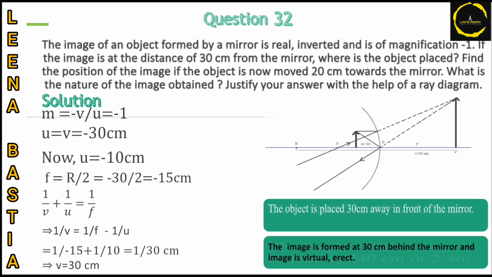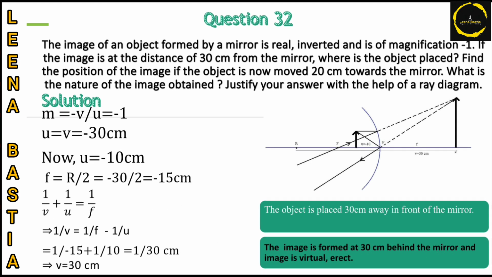Now question number 32, which is the last question and a very interesting one. In this question, as you can see from the solution, there is a ray diagram. So just go through the question. I hope it will be clear to you after completing this solution. The image of an object formed by a mirror is real, inverted, and the magnification is minus 1.